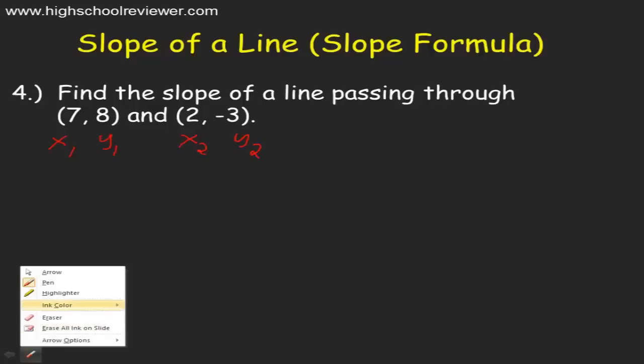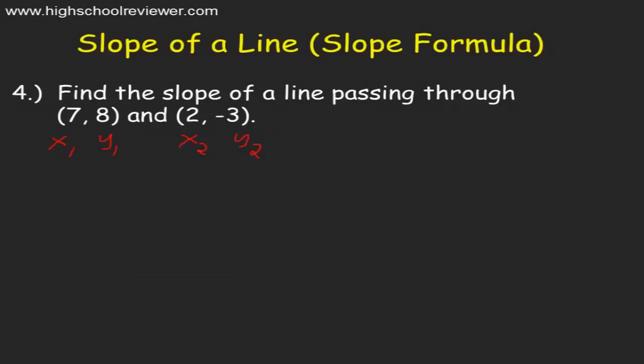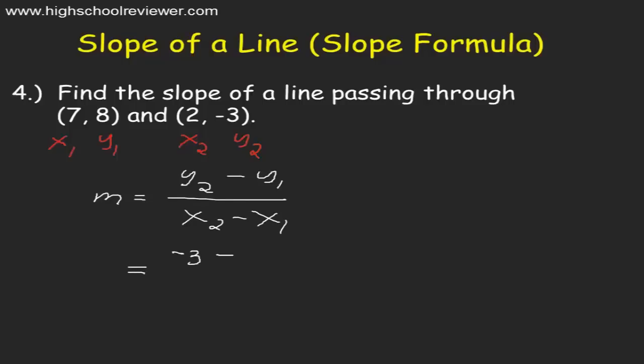And then we are now going to solve for the slope of a line using the slope formula, that is m is equal to y sub 2 minus y sub 1 all over x sub 2 minus x sub 1. Our y sub 2, that is equal to negative 3 minus y sub 1, which is positive 8, all over x sub 2, that is positive 2 minus x sub 1, that is positive 7.